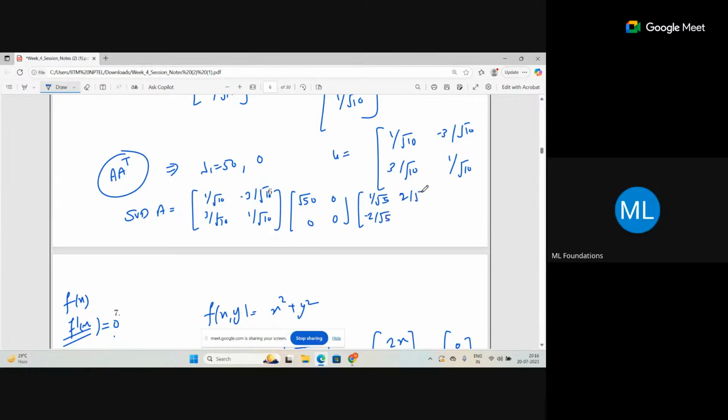Here it is 2 by root 5 because this is orthogonal. That was clear. And if I multiply everything here, I should get the original matrix A.